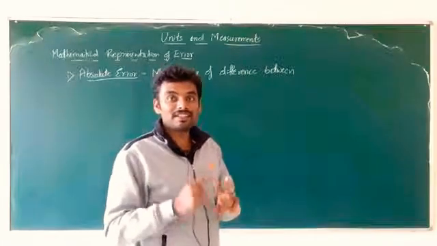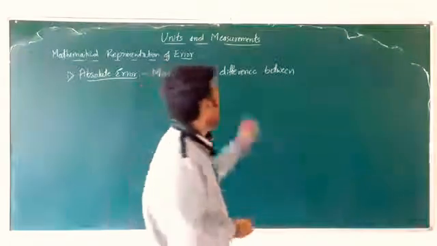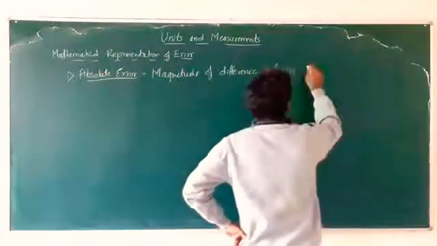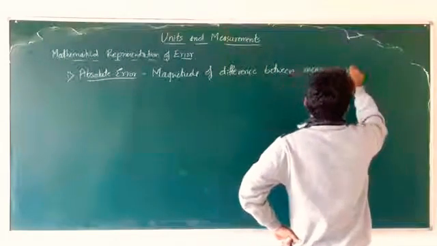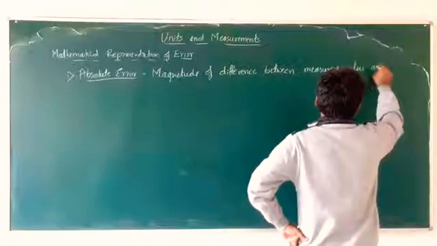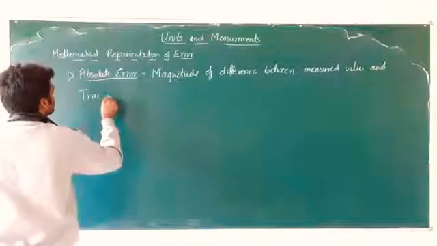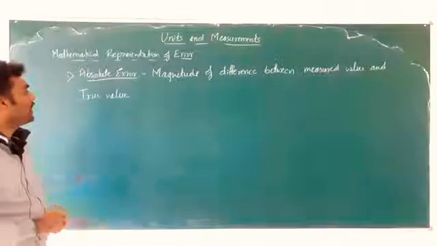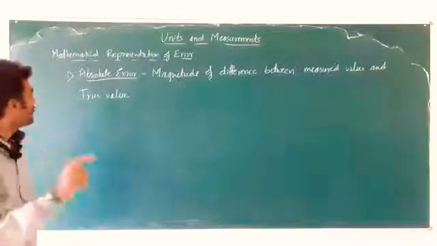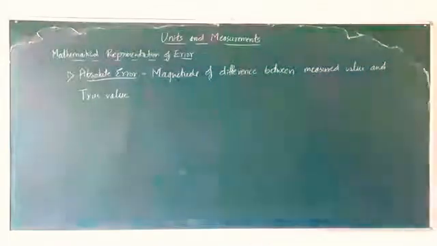If the measured value is different compared to the true value, then there is error in it. So the magnitude of difference between measured value and true value is taken as absolute error. That itself is absolute error. Clear with this? So this is one way of expressing errors, the first way, which is the absolute error.